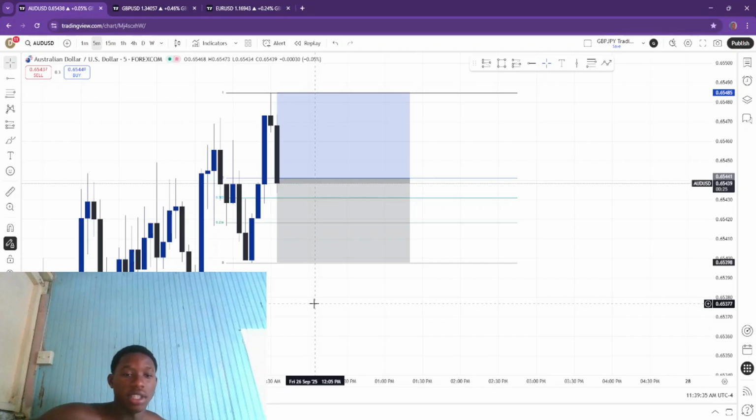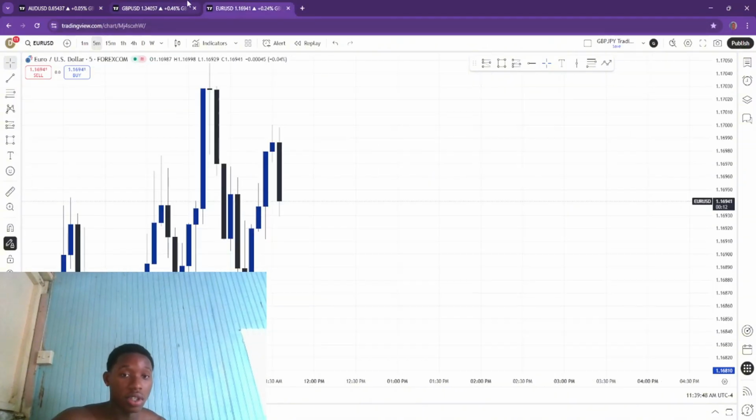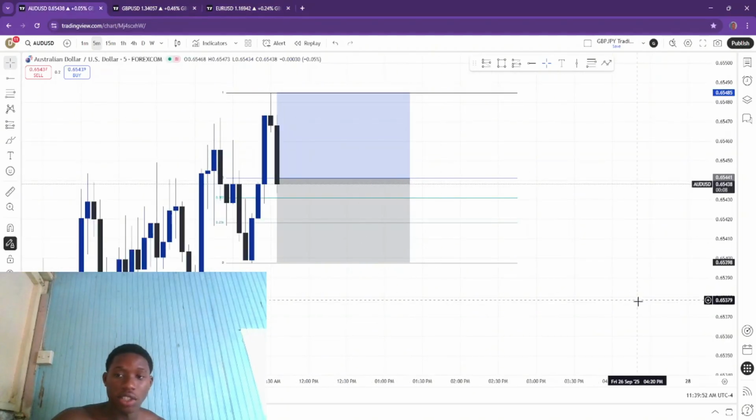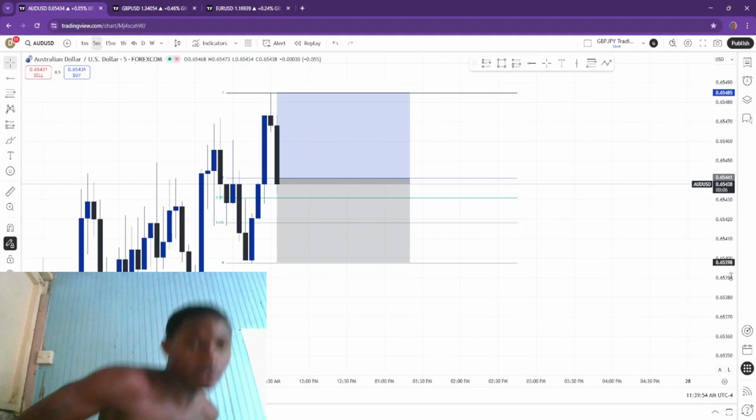AUD USD. I actually backtested that forex pair for the whole of this year, and it actually does better than Euro USD and GBP USD. So that trade is definitely promising. We're just waiting to see what it does. I'm gonna take water.